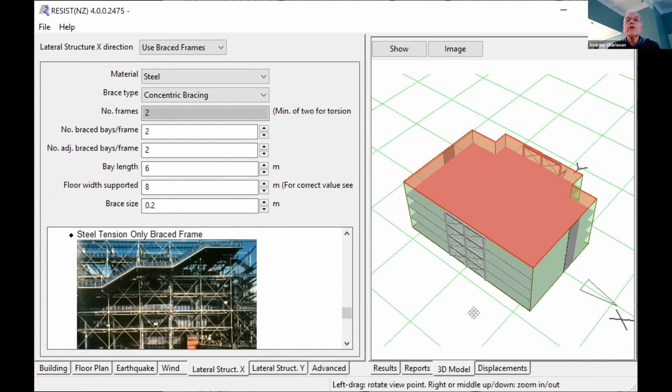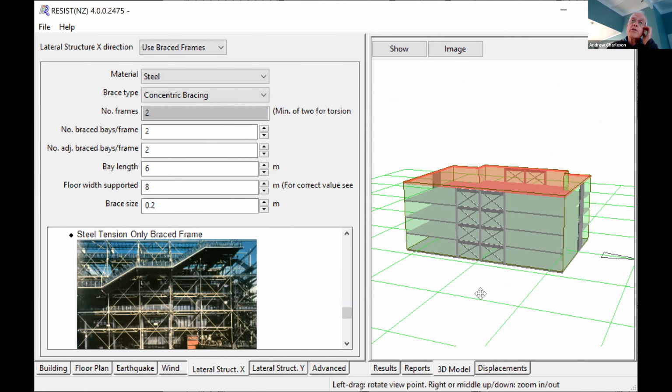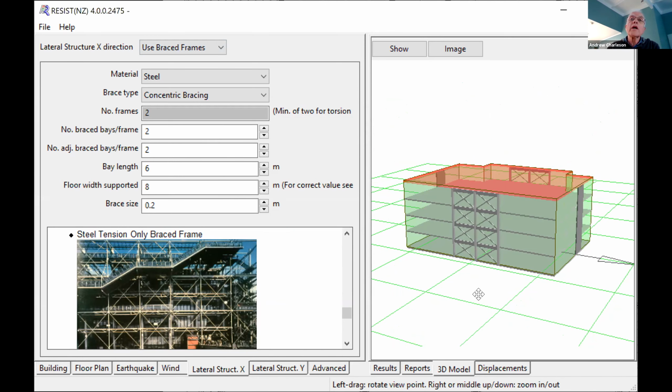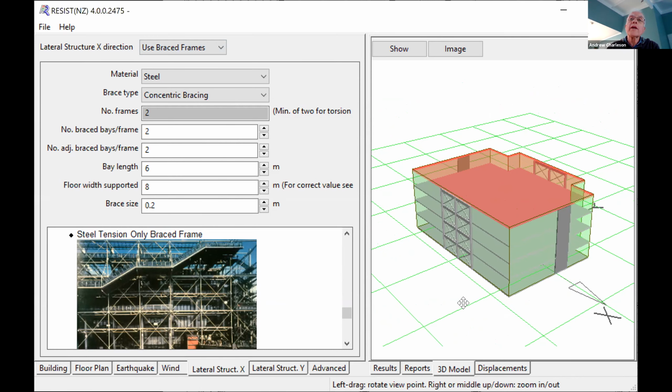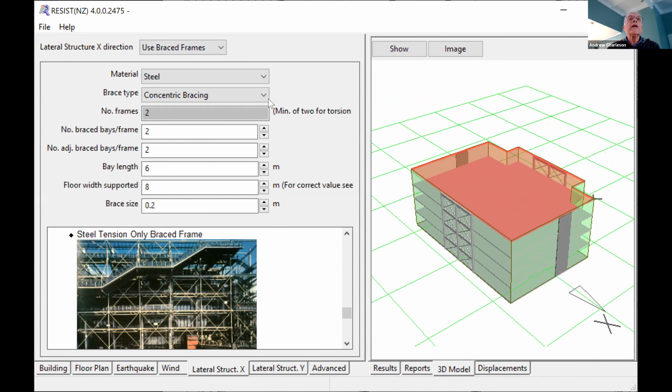And you see, there's Resist. I've told it I'm using a braced frame in the X direction. But actually, because we're designing this clinic, we're going to use moment frames.